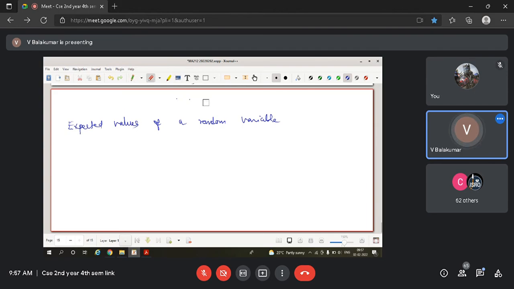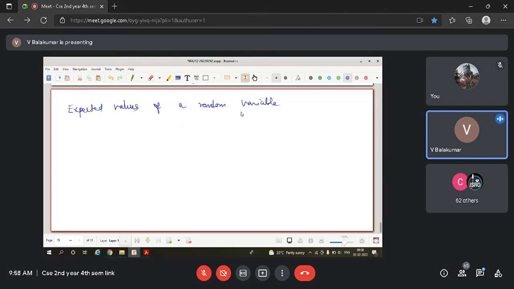Expected values of a random variable, meaning we want the mean of the random variable. Mean, variance, median, mode.